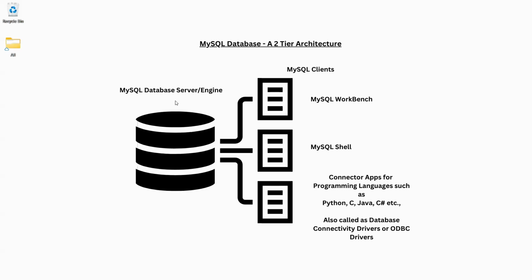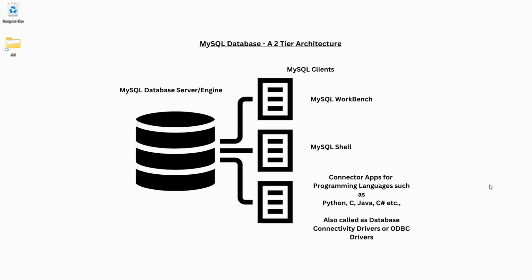In real time, most of the time, you may not see the server stored in your computer, but rather the server or the database engine may have been installed in a remote computer or often in a cloud. So in order to work and access this MySQL database, you need both of these components.